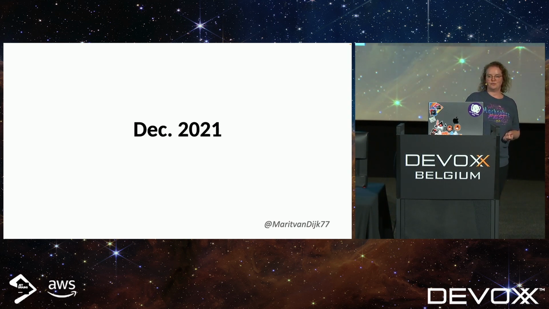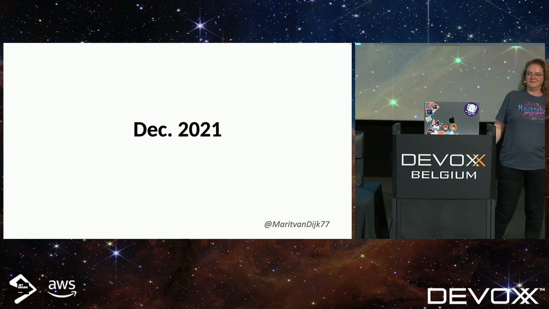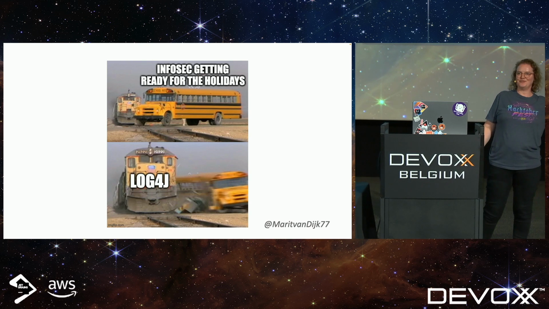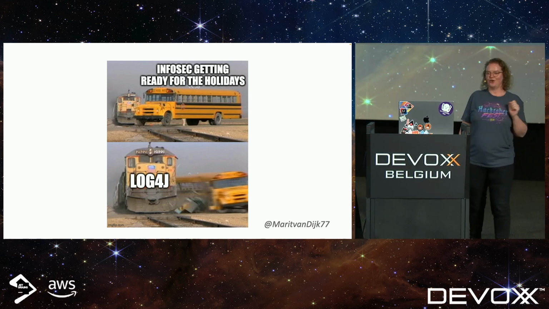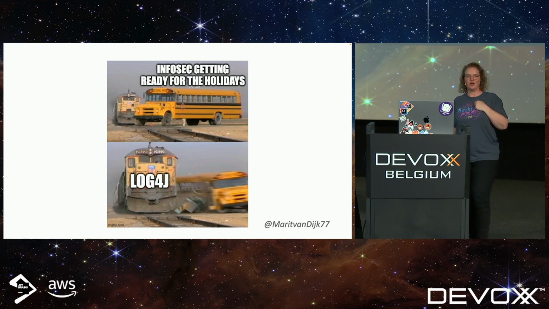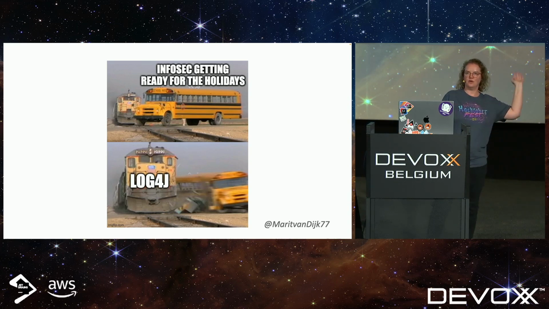So who remembers what happened last December? Yeah. That was fun, right? Log4Shell was disclosed in the Log4j logging library that a lot of us use. And the severity was such that we all had to update all of our applications as soon as possible.